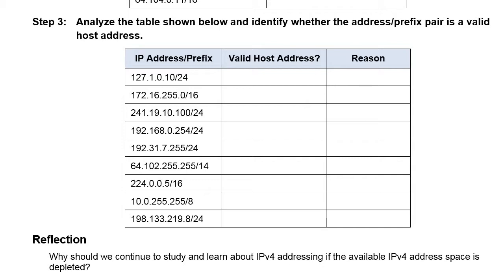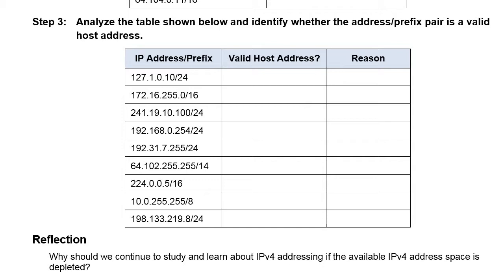And that would have been class E. Now class F is the rest of the internet. So that is 248.0.0.0 through 255.255.255.255. So that's what class F is.